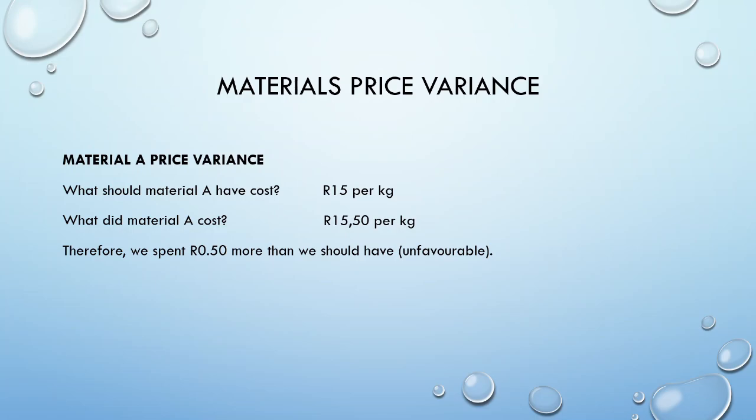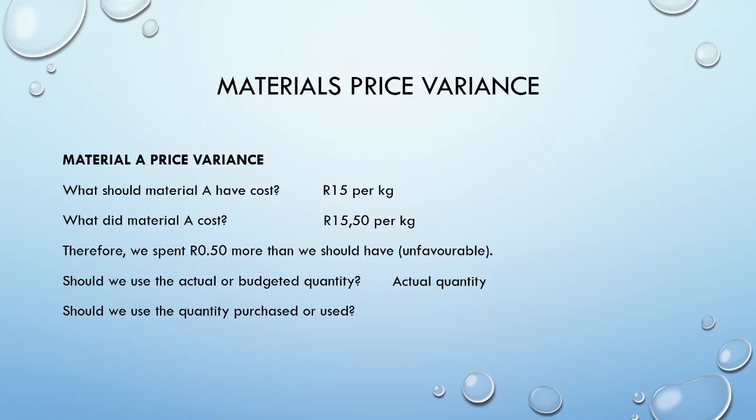But we need the variance for all the kgs in total. So we need to ask now, should we use the actual or budgeted quantity? We use the actual quantity because that is what we spent the extra 50 cents on. Next, we need to ask if we should use the actual quantity purchased or the actual quantity used. Here we prefer to use the actual quantity purchased and report the variance when it occurs.